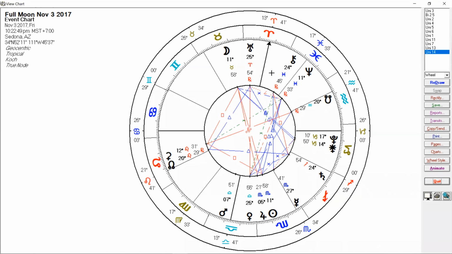Uranus in Aries says we need to change the way we do things. Action, Aries, change, Uranus. So our mode of action, Aries, needs to be upgraded, Uranus. This is why a lot of things we do don't work.